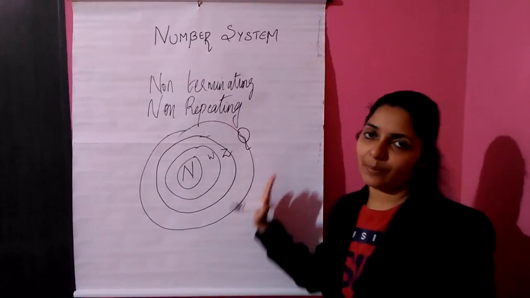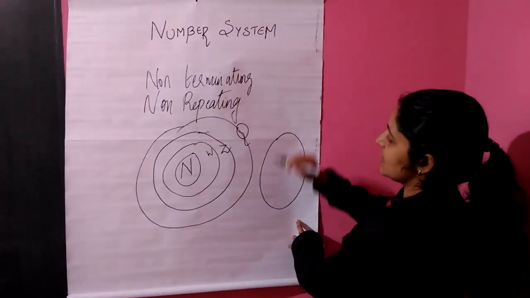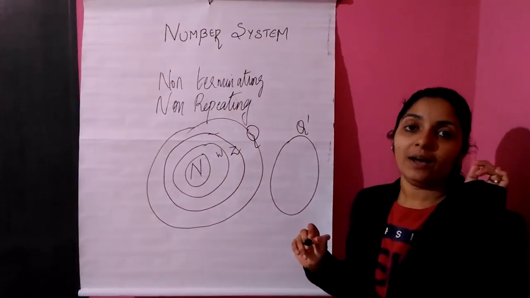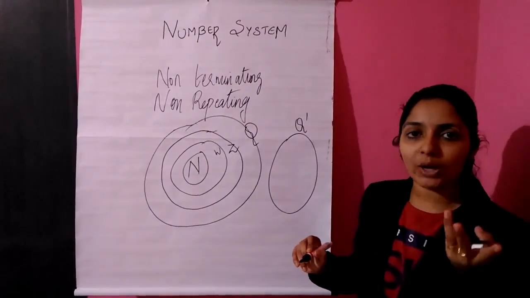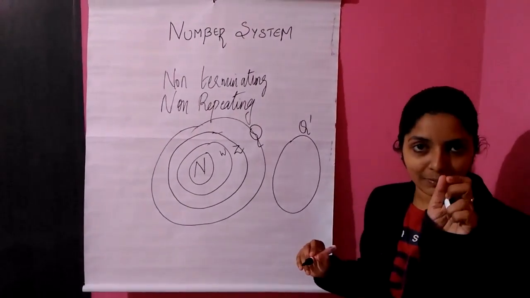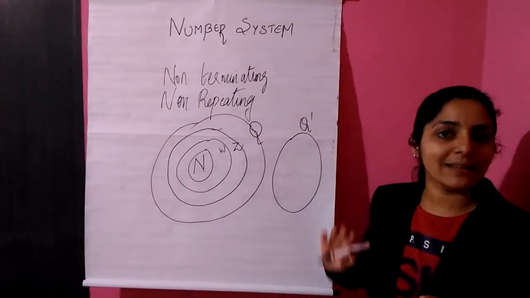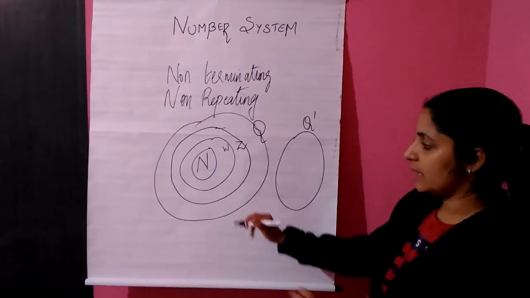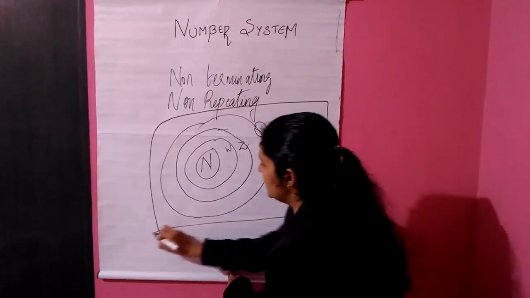Now this is a separate set, and the other interesting set is irrational numbers, which cannot have an exact value, which cannot be written as a by b, or it can be said as non-terminating, non-repeating values called irrational numbers. Now this web comes under a big set called real numbers.